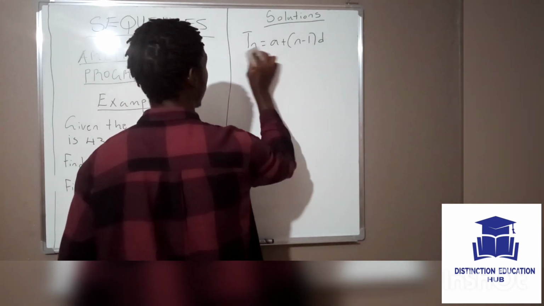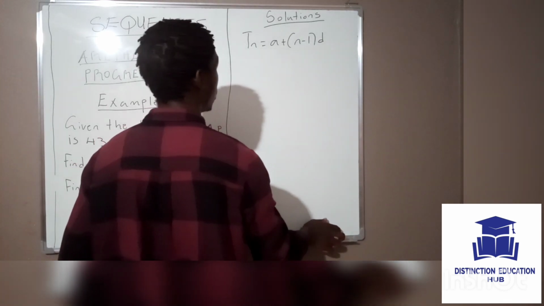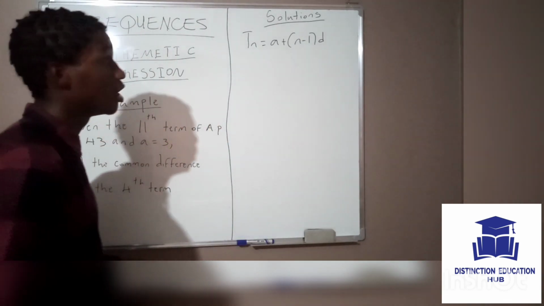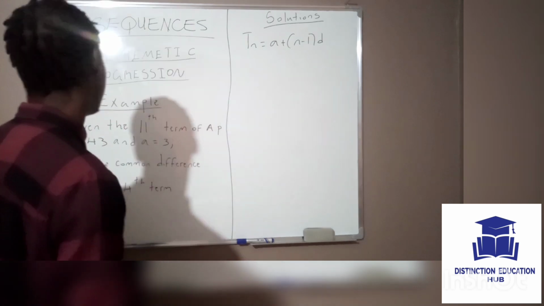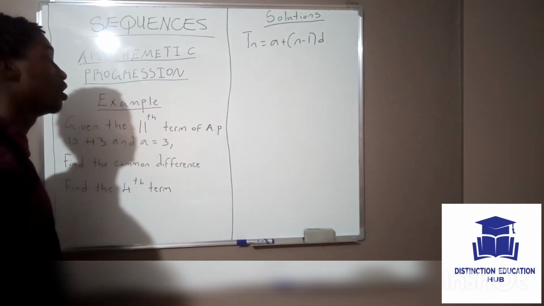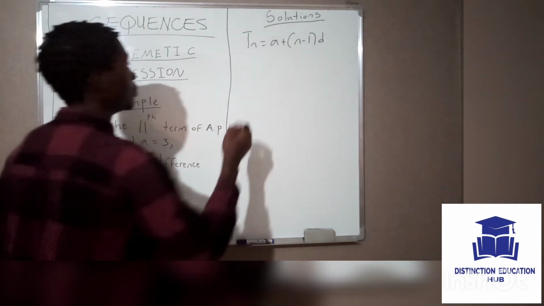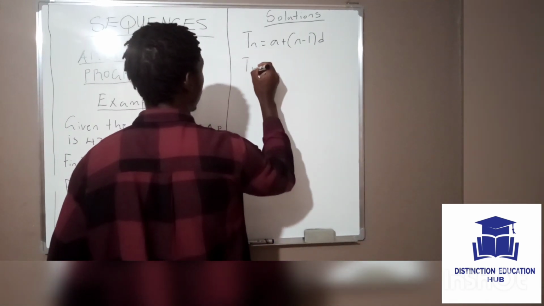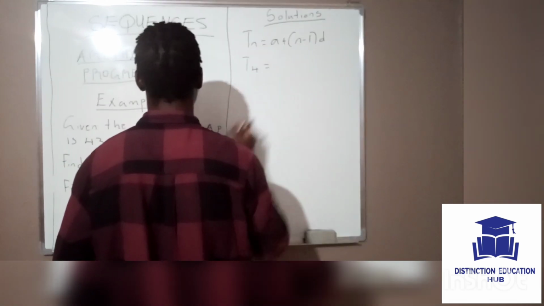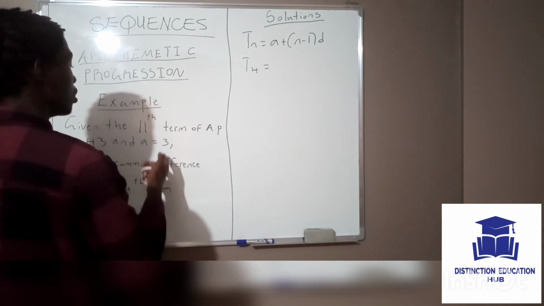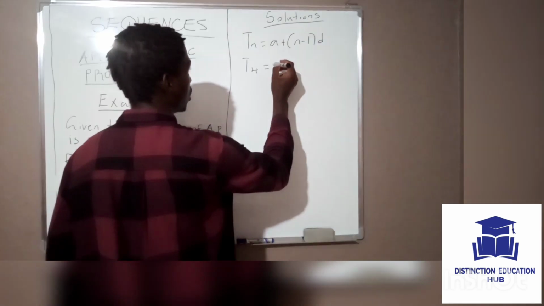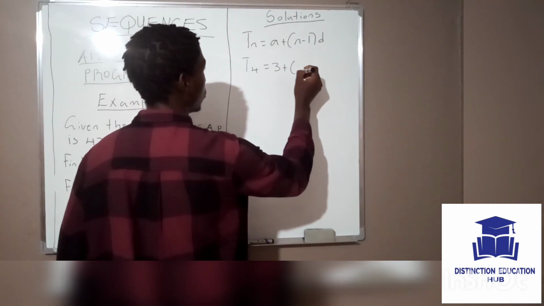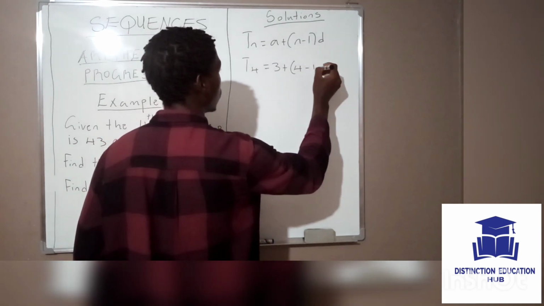We already have the formula here: Tn is equal to a plus, open brackets, n minus 1, close brackets, d. They want us to find the fourth term. So we say T4 is equal to, what's our first term? Our first term is 3. So we say 3 plus, open brackets, 4 minus 1.